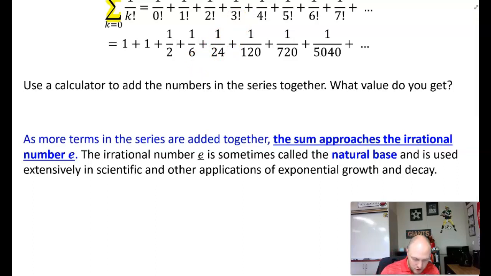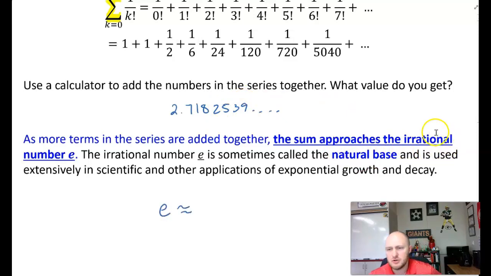The number that you should get approaches somewhere around 2.7182539, and so on. As we add more and more terms to this series, the sum approaches an irrational number, which we call e. e is used as a symbol to represent this number, similar to how pi is approximately 3.14. e stands for Euler.